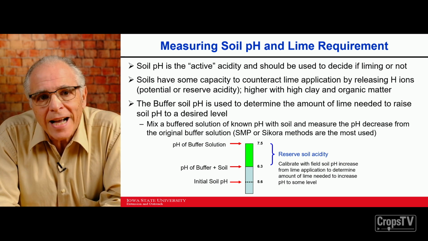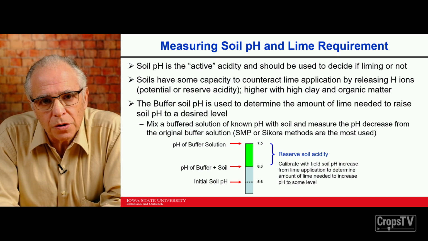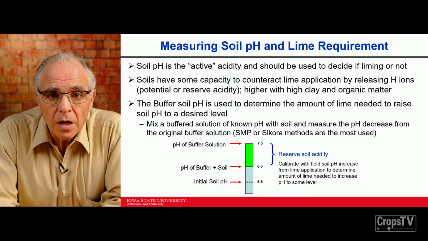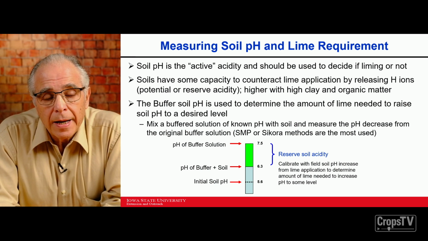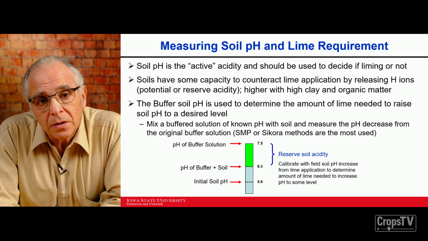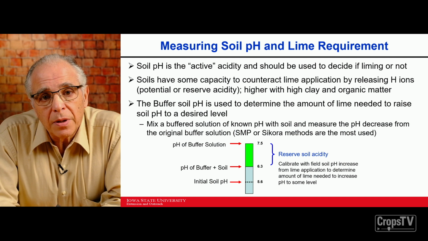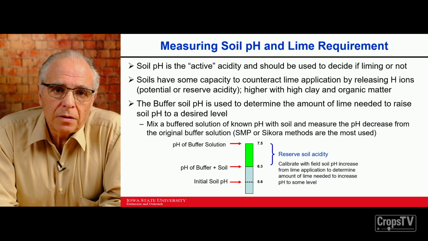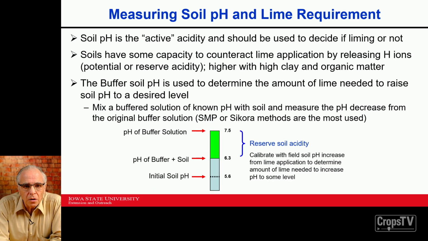So soil pH is the active acidity in the soil solution. And this is what should be used to decide if lime is needed or not. Now, soils have some capacity to counteract the lime application effect by releasing additional hydrogen ions. This is called potential or reserve acidity, which tends to be higher in soils that have high clay or organic matter content.